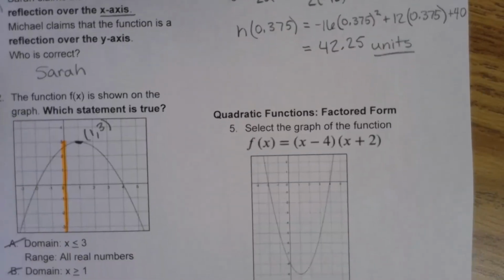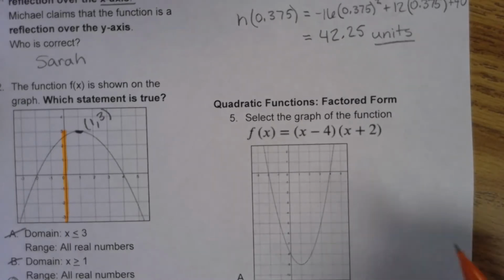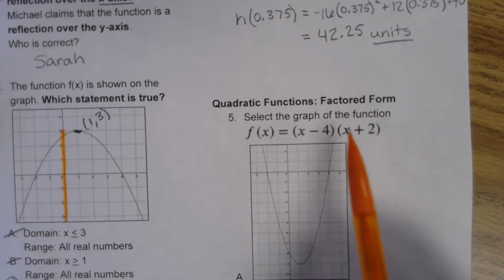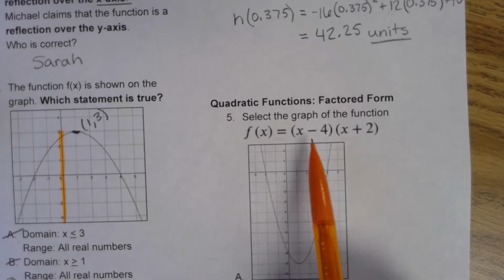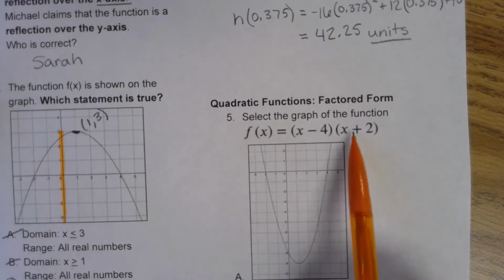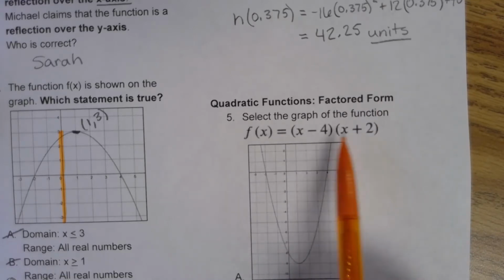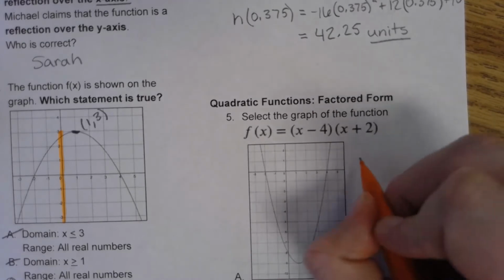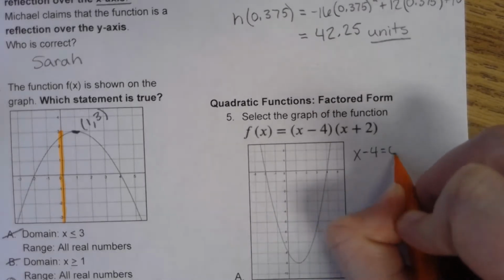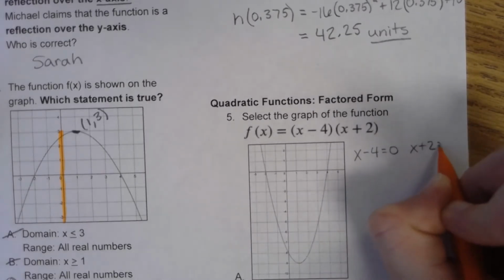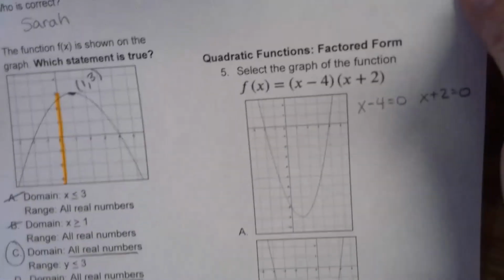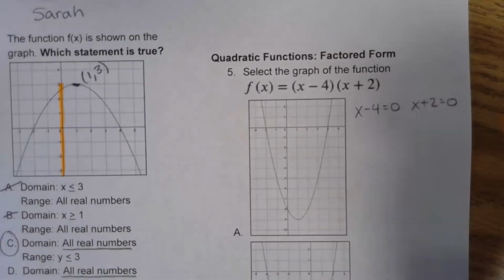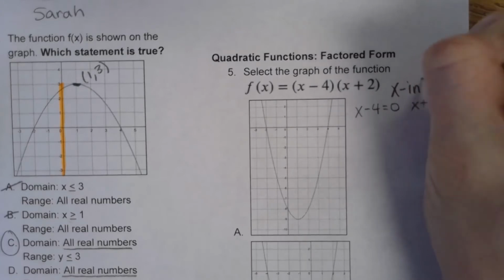So question number 5. Select the graph of the function. Now when we talked about factored form, we could find our x-intercepts by setting our factors equal to 0. So x minus 4 equals 0, x plus 2 equals 0, and we can match our x-intercepts. Let me write that down since I keep saying the wrong thing.